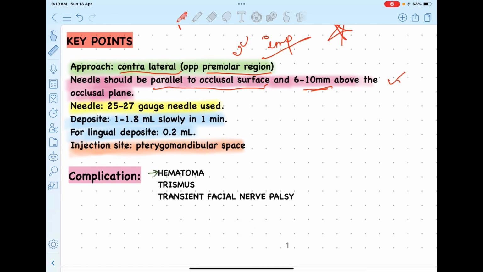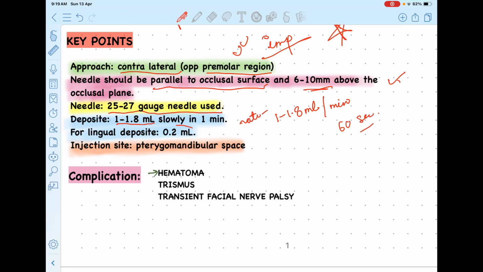And they can ask you about the gauge. So we use a 25 to 27 gauge needle. Okay, and this is the rate we deposit: 1 to 1.8 ml slowly in 1 minute, in 60 seconds.